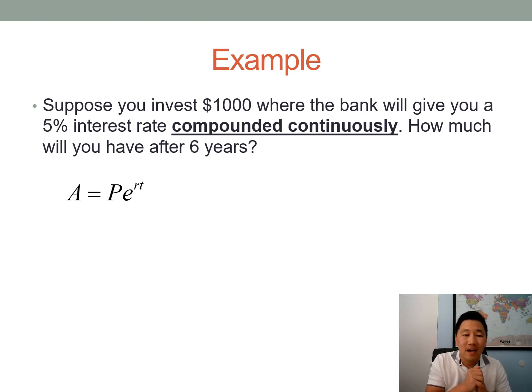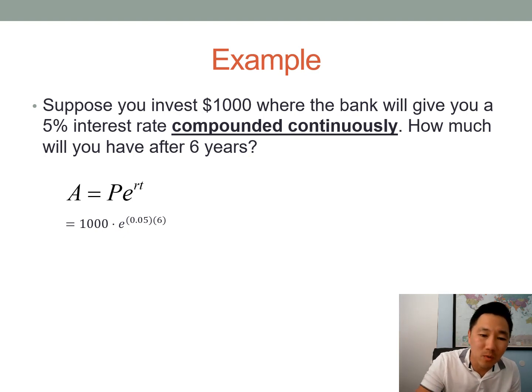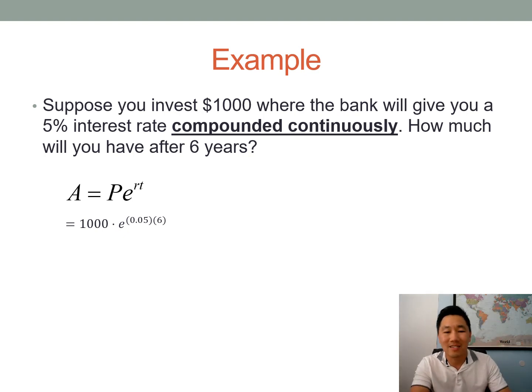How much money will you have after 6 years? Let's plug everything in that we know. The principal amount is still $1,000. There's Euler's number, and then the interest rate is 5%. Change it to decimal, 0.05, and then 6 years.